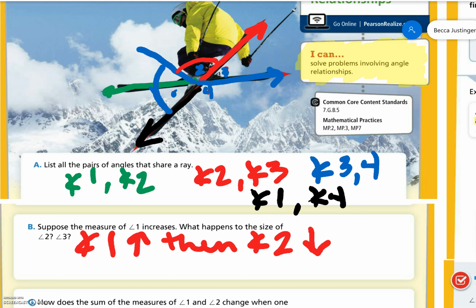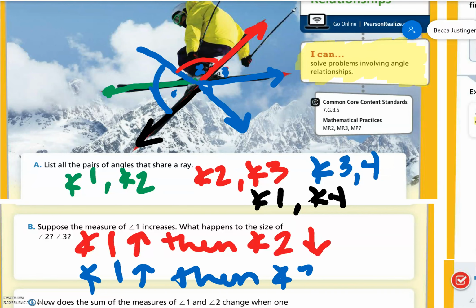Angles 1 and 3 are connected. They're across from each other. So if angle 1 increases, angle 3 increases, because it's the same line across.